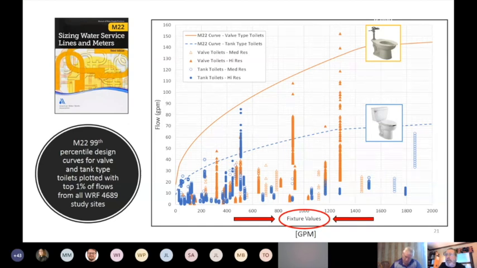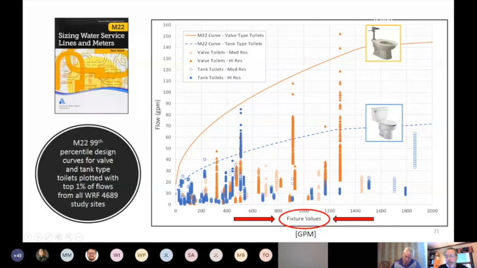If we obtain information on peak demands for buildings, we can build a graph like this, and then we can establish envelope curves, and you see two of them here, that we think represent the 99th percentile. There's one on top for the flush valve, there's one on the bottom for the flush tank, and this is actually the approach that's taken in M22.